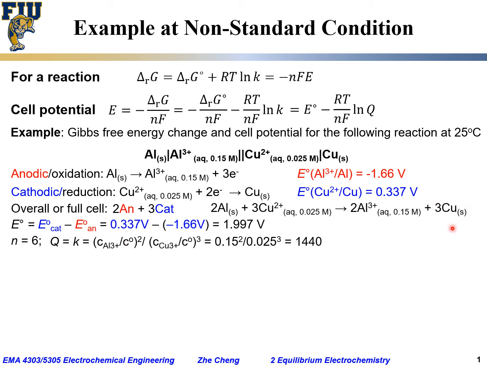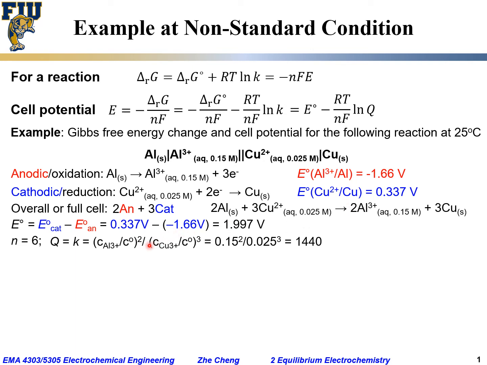The activity for elemental copper would be 1, which is neglected here from the numerator. For the denominator, it will be for the reactant, which is copper 2+, modulated by the standard concentration, and it has to be to the power of 3 because of the stoichiometric coefficient of 3 here. For the aluminum concentration, it needs a power of 2 because of 2 aluminum in this overall reaction.